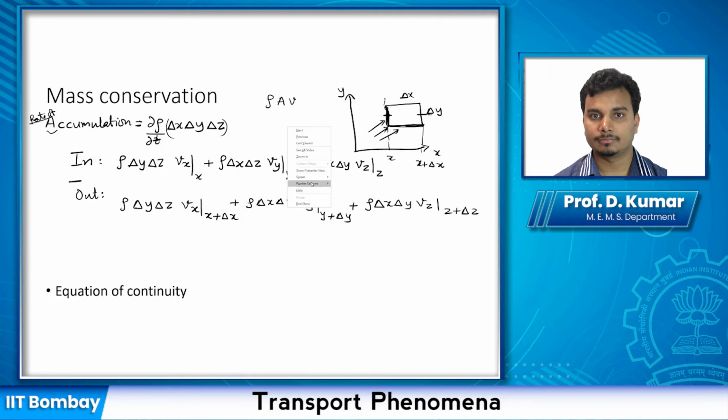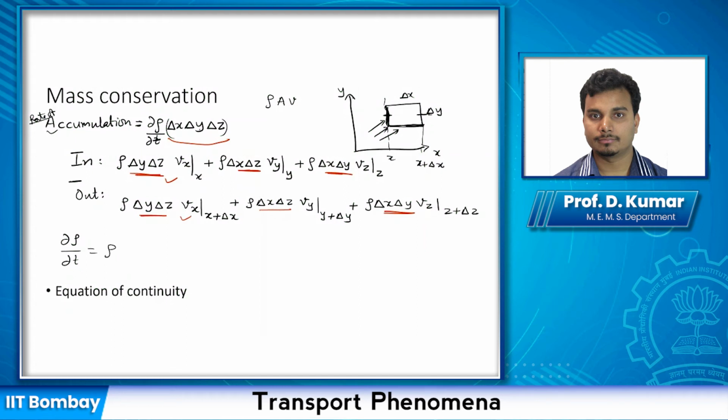Let me change the color here. Yeah, so if you look at these two terms, you have delta y, delta z common. Similarly, if you look at these two terms, you have delta x, delta z common. And if you look here, delta x, delta y common. Okay. So now if I divide this whole in minus out term by this volume, then you can write the net equation as dou rho by dou t, and then here you will have rho.